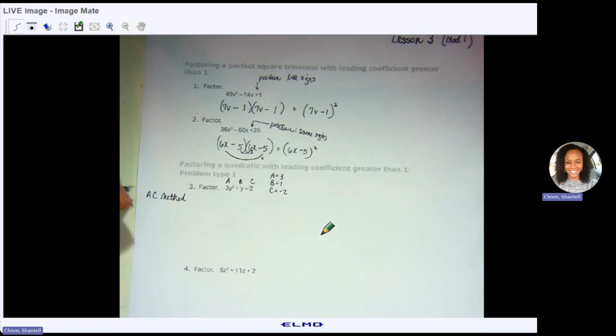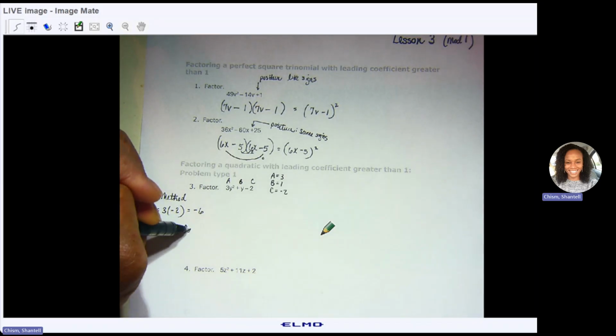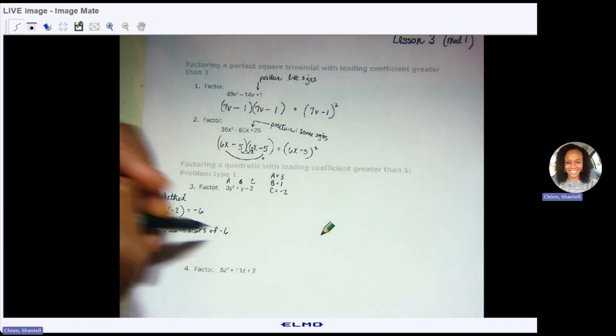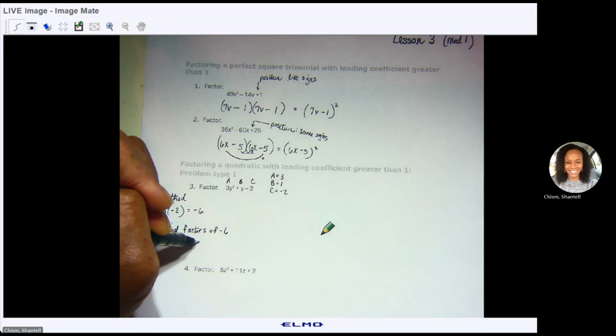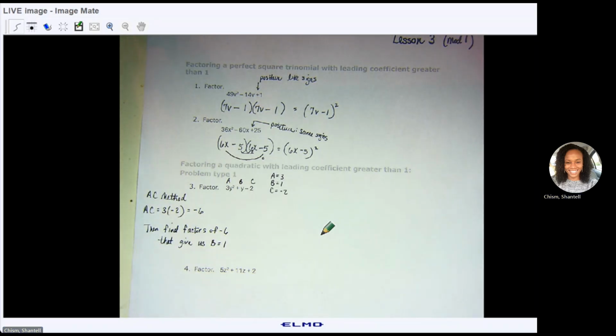So the AC method tells us to multiply A times C, which would be 3 times negative 2, and we get negative 6, okay? Then find factors of negative 6 that give us B, which is 1, okay?